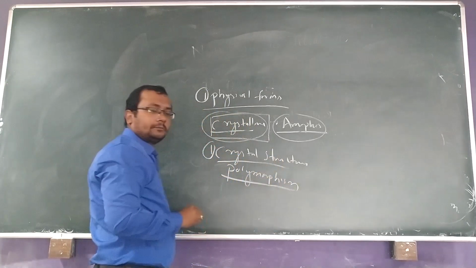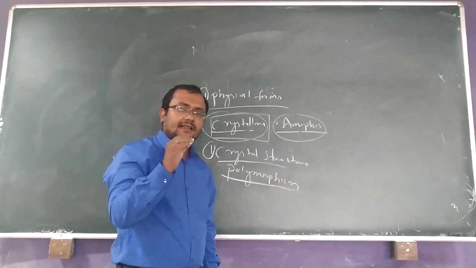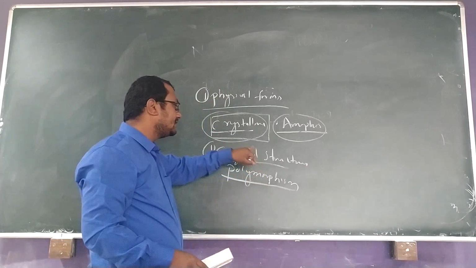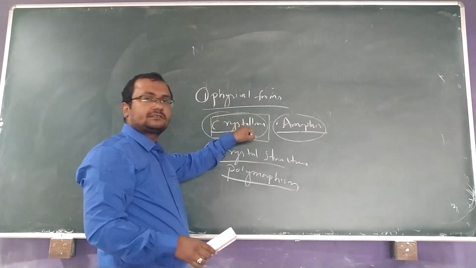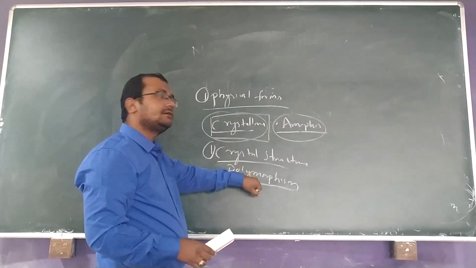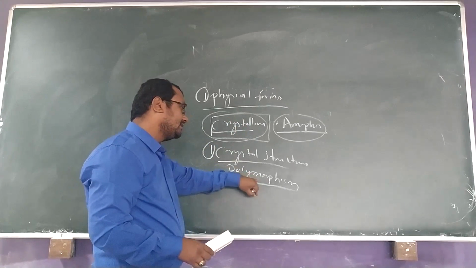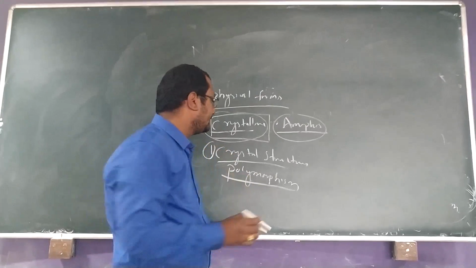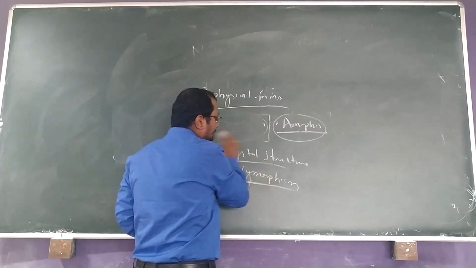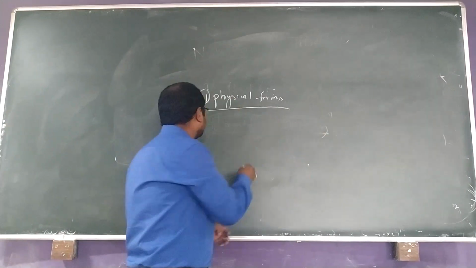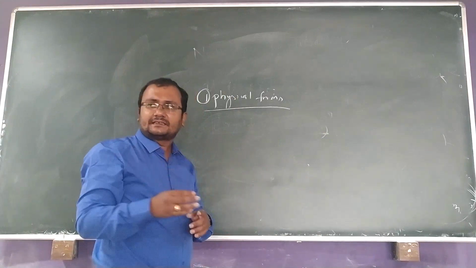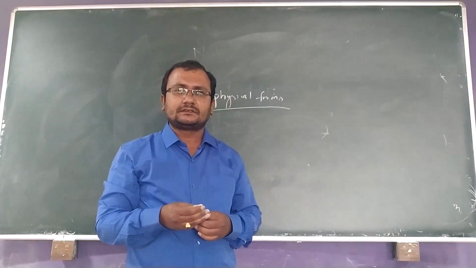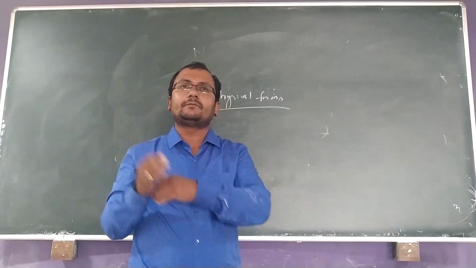Generally, let us discuss about this polymorphism, as polymorphism is related to the crystalline structure of the drug molecule. What is polymorphism and how will it affect the dissolution and bioavailability of the drugs? If one solid substance has different crystalline forms, then we say they are different polymorphs.